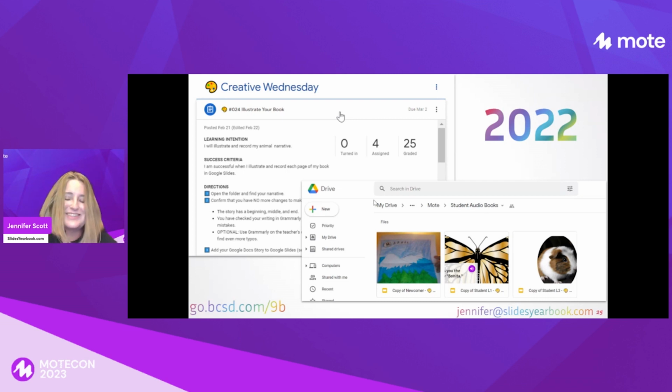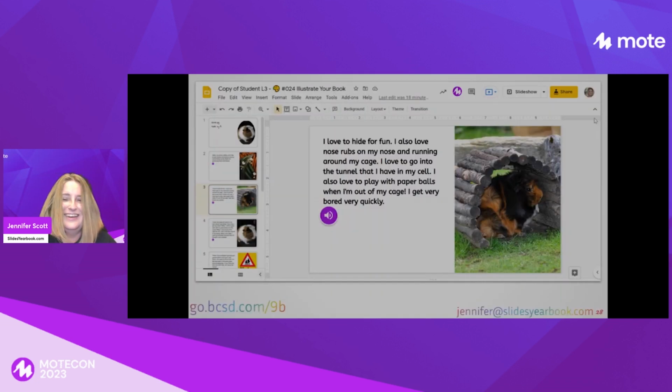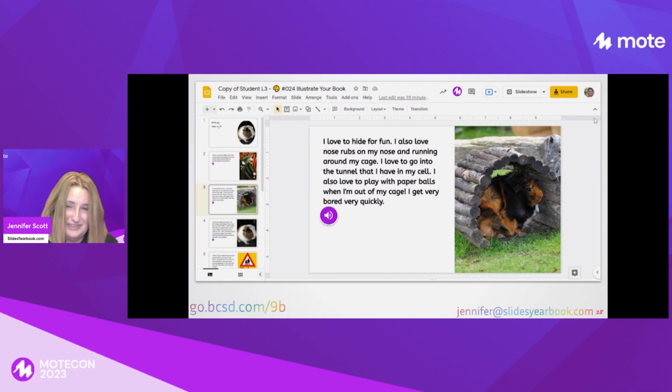And then they got to listen to their classmates' stories. It was gorgeous. And here was one story. And unfortunately, when I went to go play the audio today, their voices were not working. But trust me, it is amazing to have them read their stories.